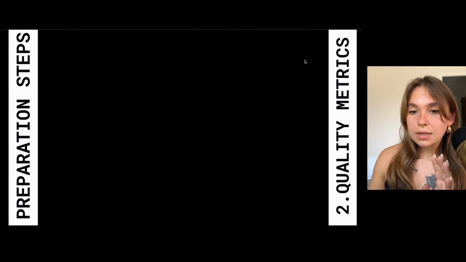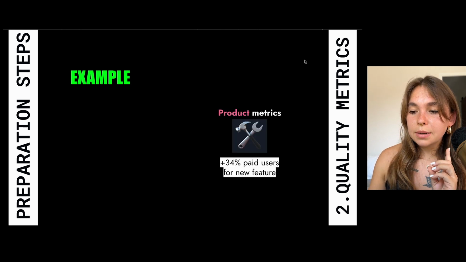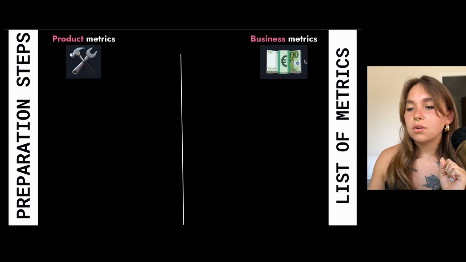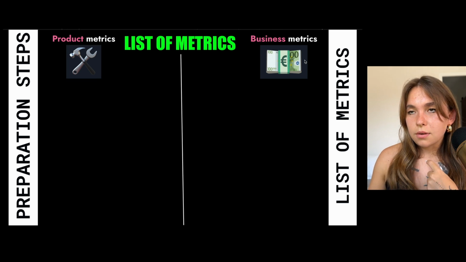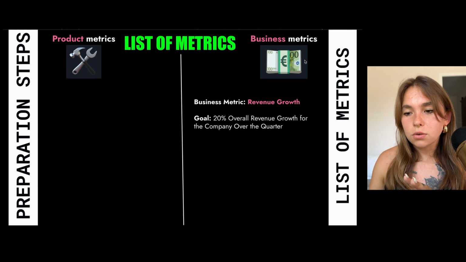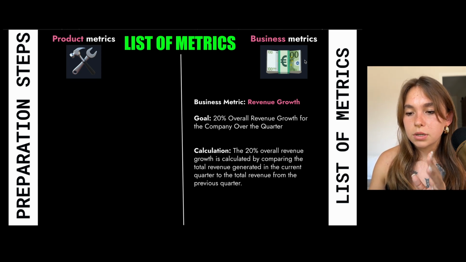So let's dive into a list of metrics. What can it be? For example, we have a business metric, revenue growth: 20% overall revenue growth for the company over the quarter.